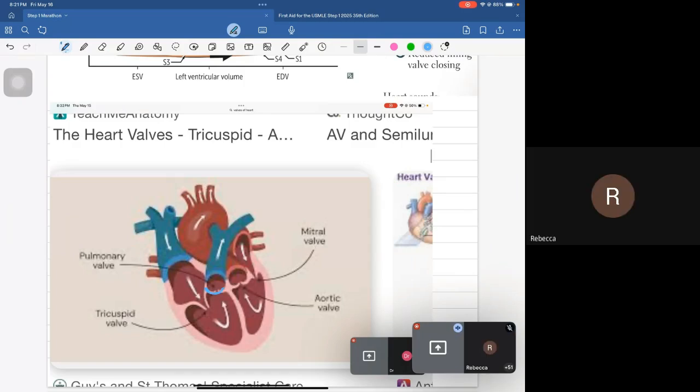In tetralogy of Fallot, this valve gets stenosed and this area gets stenosed, just like aortic stenosis. So just like aortic stenosis, there is pulmonary stenosis in the case of the tetralogy of Fallot. And at the same time, there is a ventricular septal defect here as well, right?